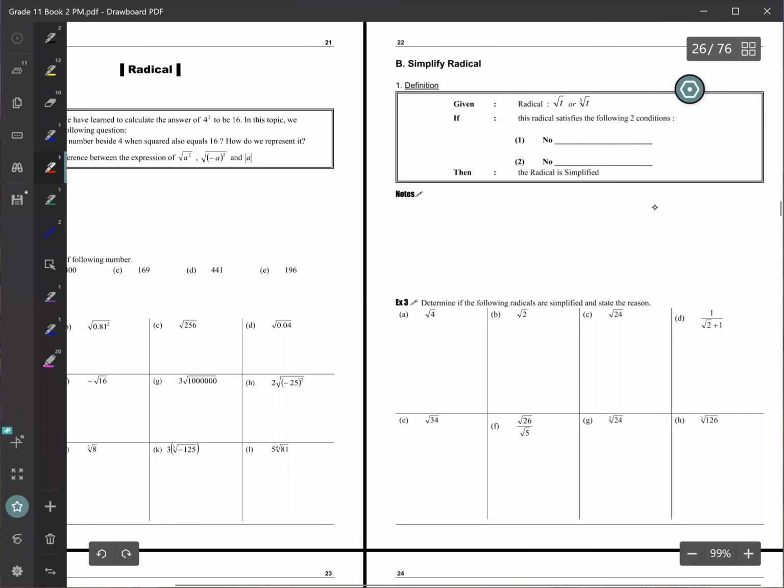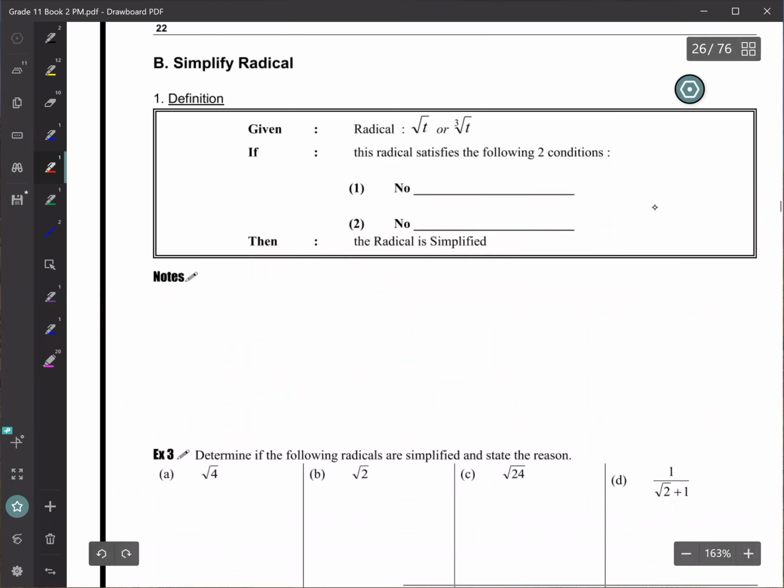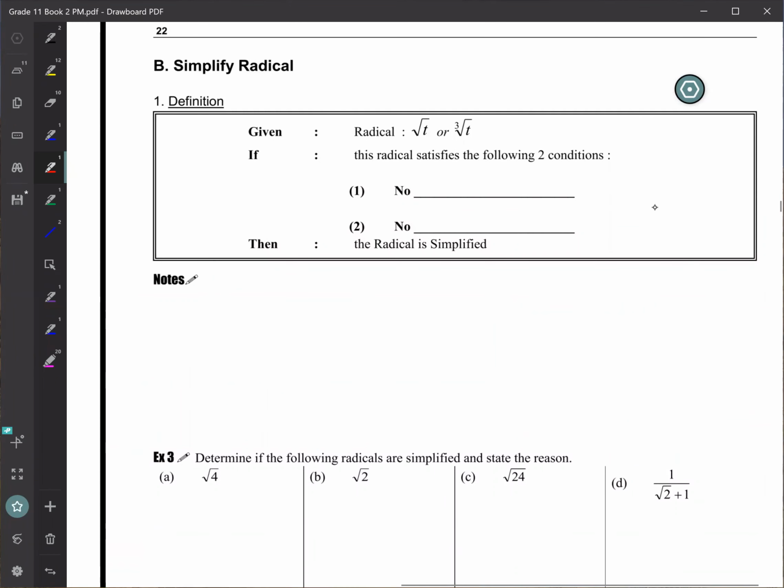So go to page 22. So if I give you a square root, for example, like square root of 25. This one for sure is not simplified yet because I can turn it into 5, right?